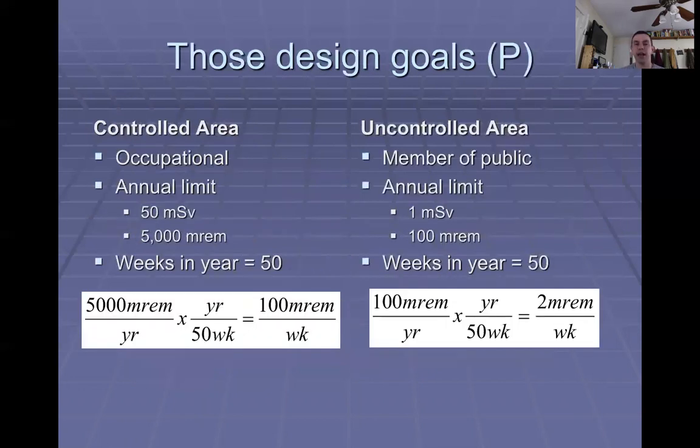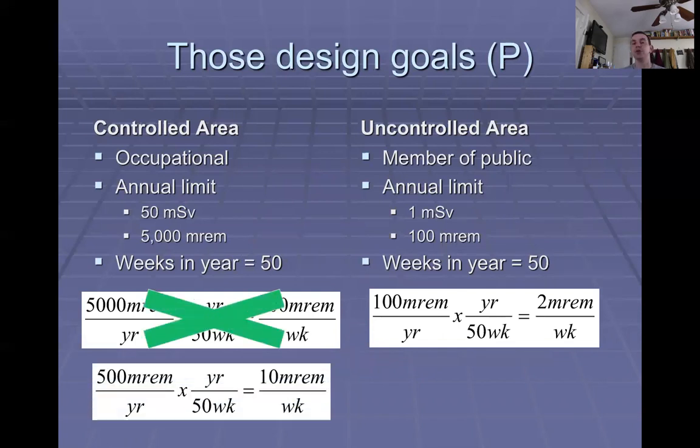So we talk about design goals for controlled versus uncontrolled areas. Again, we have to go back to those dose limits. The member of the public limit is 100 millirem in a year. So that's where you get the weekly limit, which is a design goal, generally given in millirem per week. If you take 100 millirem in a year and divide it by roughly 50 weeks in a year, that gives you the value of 2 millirem in a week.